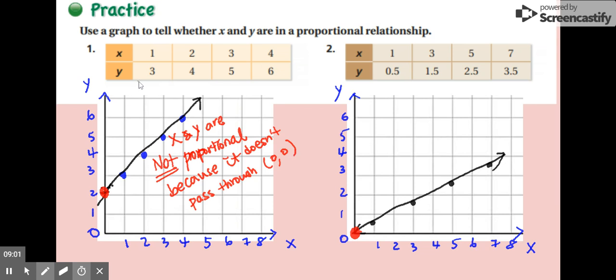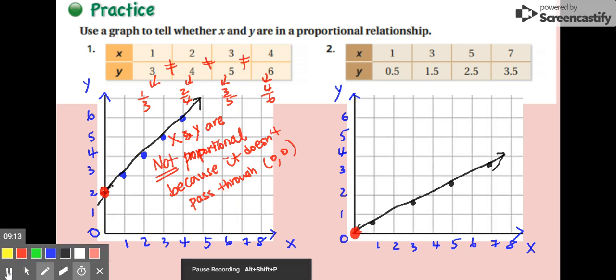And when you simplify the ratios 1 to 3, 2 to 4, 3 to 5, and 4 to 6, you see those are not equivalent.